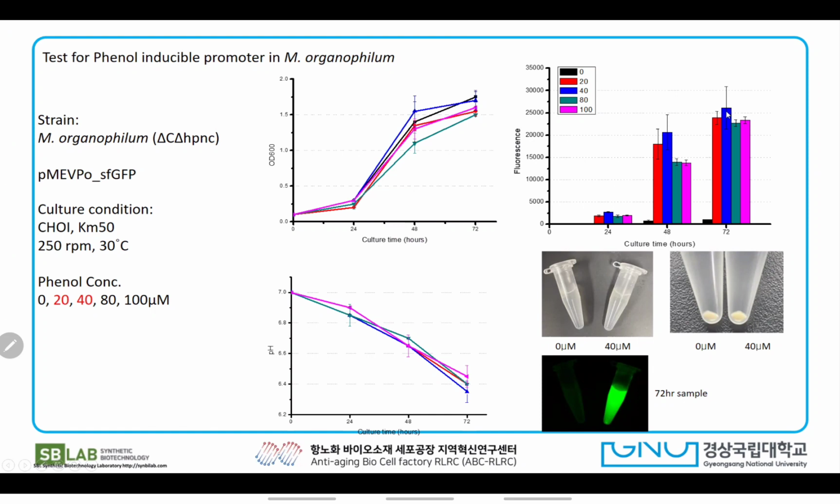We consider that maybe inducer saturation was already achieved at 20 micromolar in our host, because at 40 the increase is not that high. So we wanted to use 20 micromolar as well as 40 micromolar concentrations in order to check the expression of our toxic carotenoid genes in methylotrope.